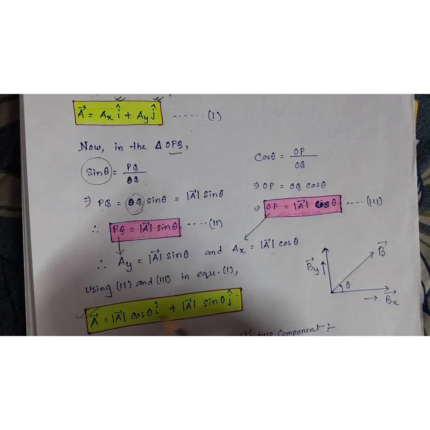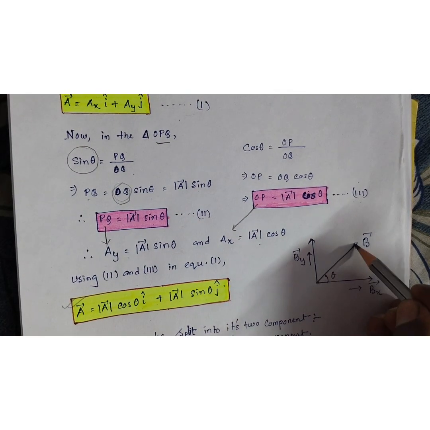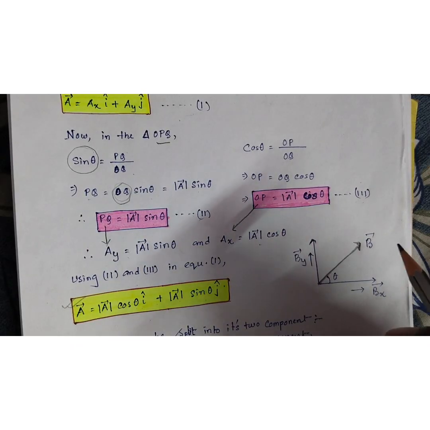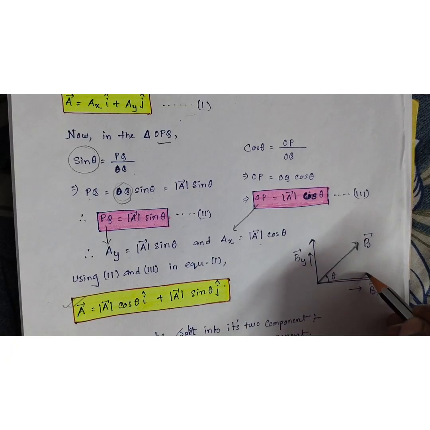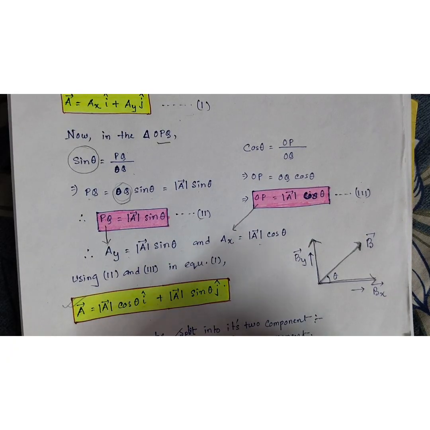These are the two components of the vector. A single vector can be split into two component vectors: one is the horizontal component, another one is the vertical component.